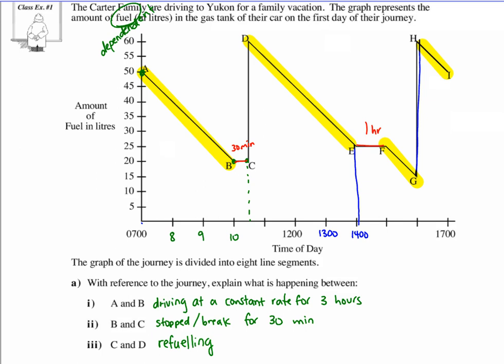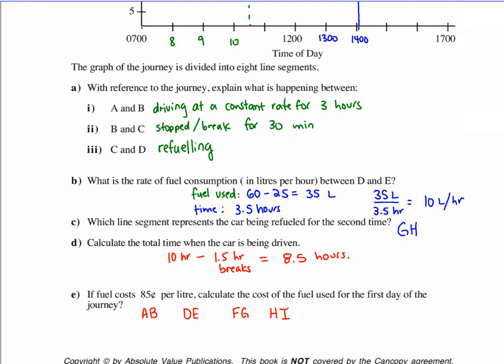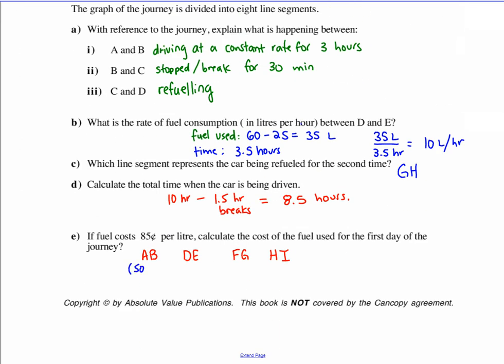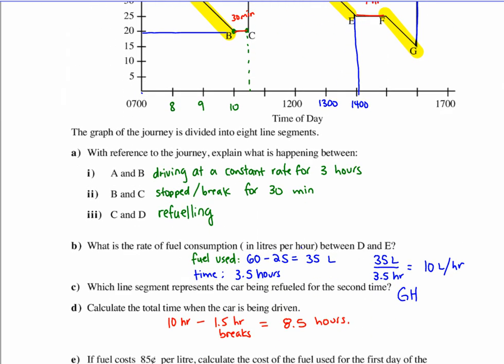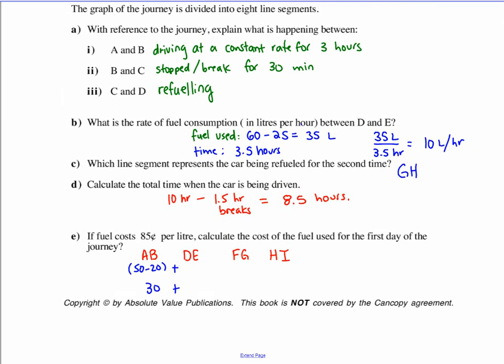So from A to B, they went from 50 to 20. So how many liters did they use? 50 minus 20, or 30 liters. Okay, D to E, I think we found D to E already, right? It was 35 in question B, 35 liters. Plus FG.